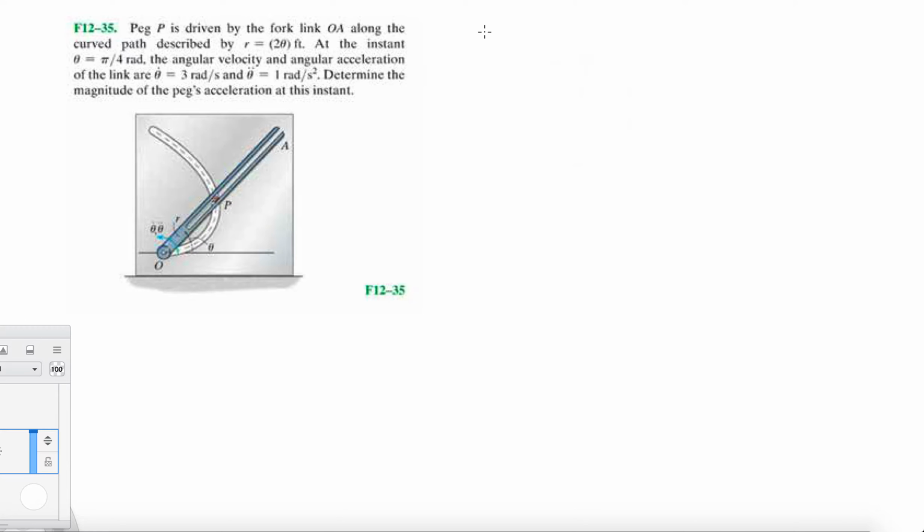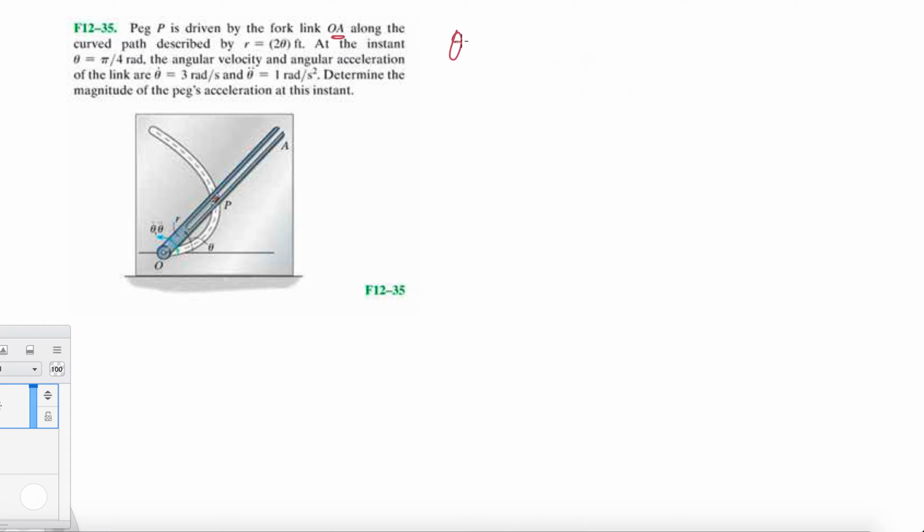Peg P is driven by the fork length OA along the curved path described by R equals 2 theta, and we're going to be using radians here. At the instant theta equals pi over 4, which is 45 degrees, the angular velocity and angular acceleration of the link are theta dot and theta double dot.